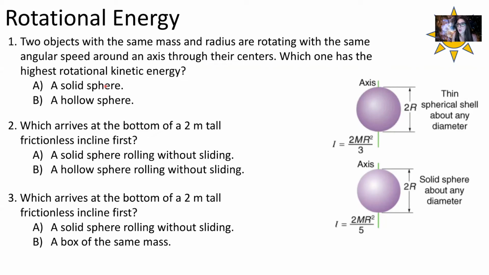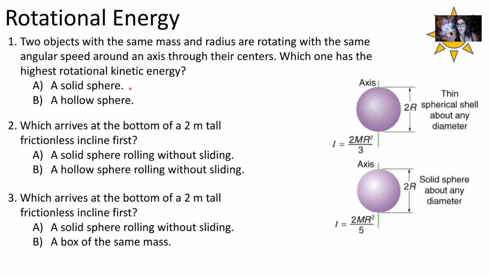Well, think about the equation for rotational kinetic energy. What is it? I'm saying that omega is the same for both of these objects. The masses are the same, the radii are the same, but each of these objects is going to have a different moment of inertia. So, which of these two objects is going to have the largest rotational kinetic energy? A solid sphere or a hollow sphere?